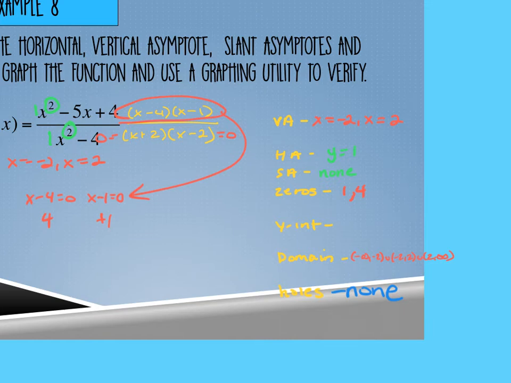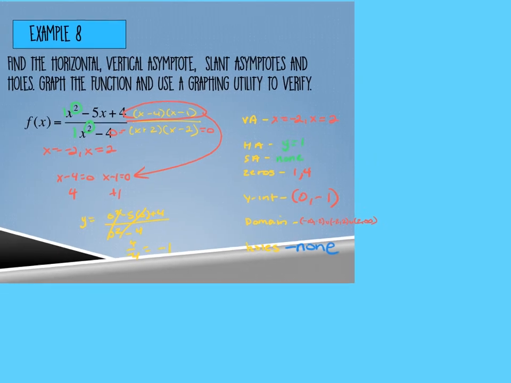Y-intercepts, I plug 0 in for x. This is gone, and I end up with 4 over negative 4, which is negative 1. Still good? Okay, now I'm going to put all that stuff together.